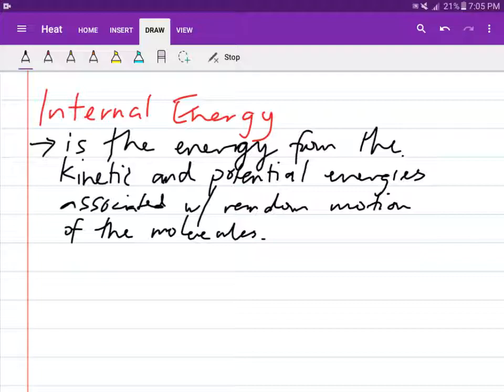So you can think of it as related to the temperature of an object. When an object is much hotter, it will have a higher internal energy.